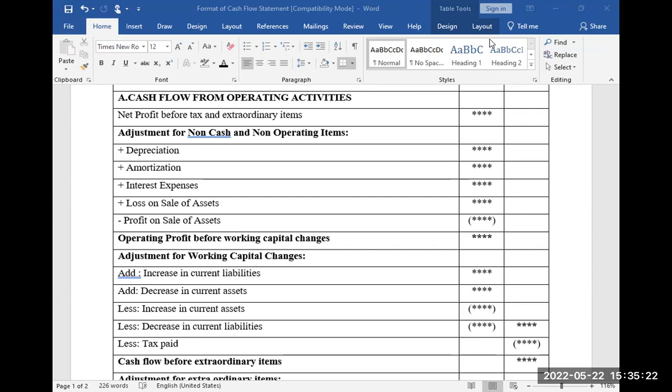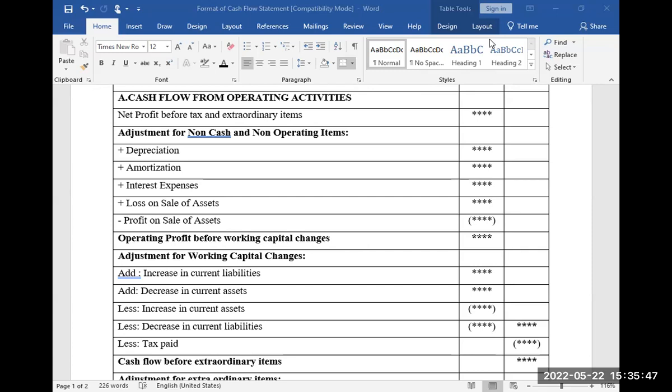So we have taken the net profit. We are going to add non-operating expenses, and also non-cash expenditure. It may be an operating expenditure, but it is not resulting in cash outflow. That also we have to add.